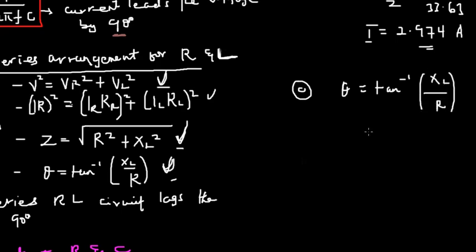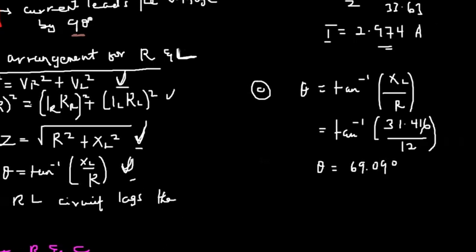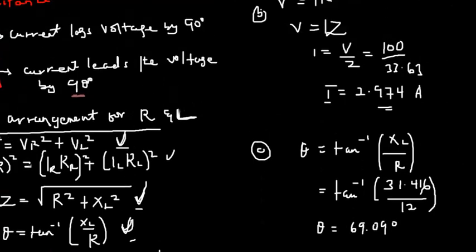So we have the tan inverse of XL, which we had as 31.416, and our resistor is 12 ohms. So let's compute the angle. The angle is 69.09 degrees.